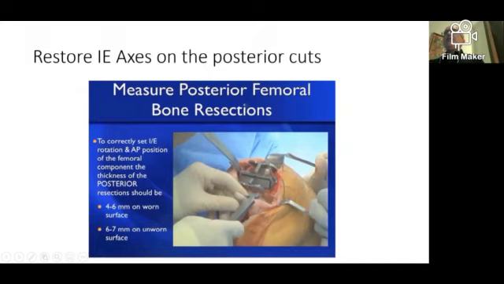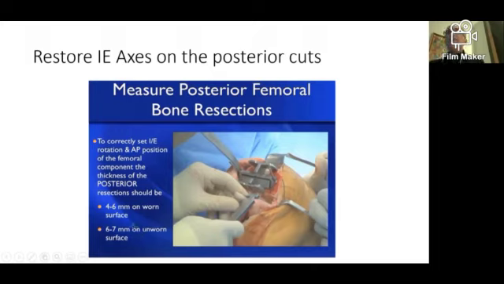And when you measure the posterior femoral bone resection, then you cut an anterior, you cut posterior, and the anterior flange. They are almost the same. The posterior 4 to 6 millimeters on one surface, 6 to 7 millimeters on unworn surfaces.